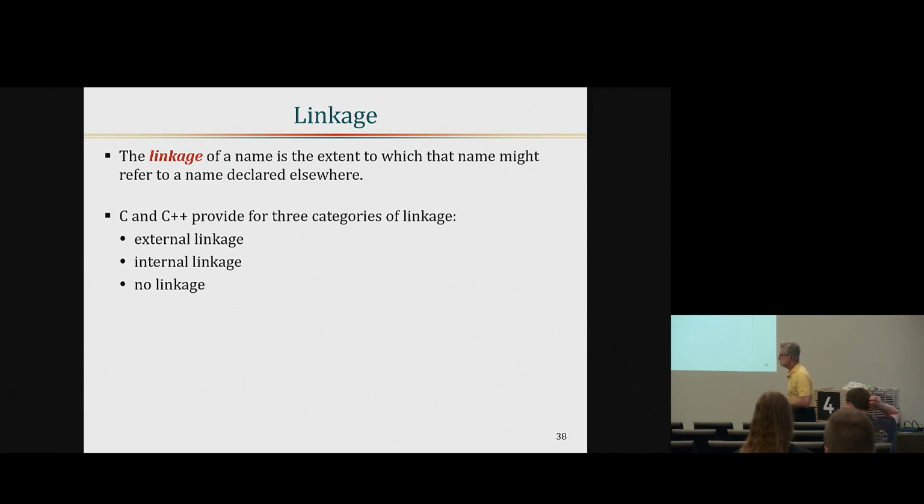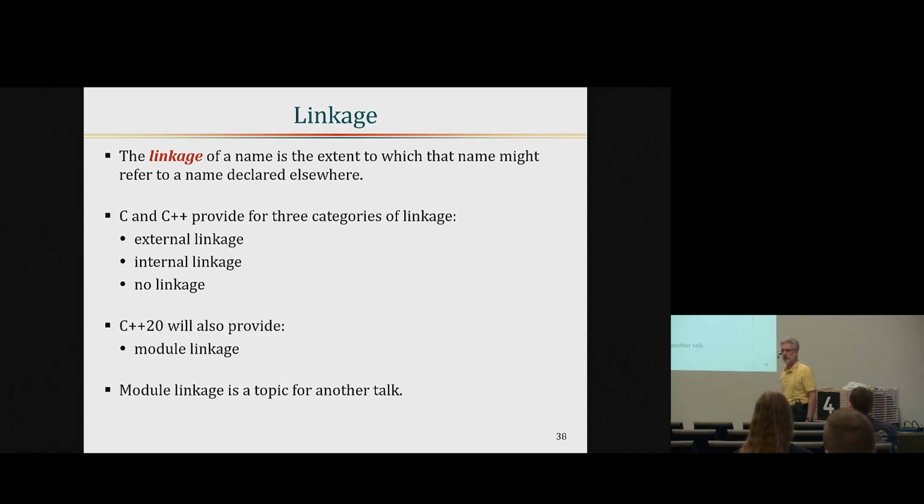And then, drum roll, C++ is going to add, in the new specification, C++20, a feature called modules. And modules, the intent is to eventually replace the use of header files with a different scheme for doing separate compilation that frees us from some of the tyranny of the preprocessor.